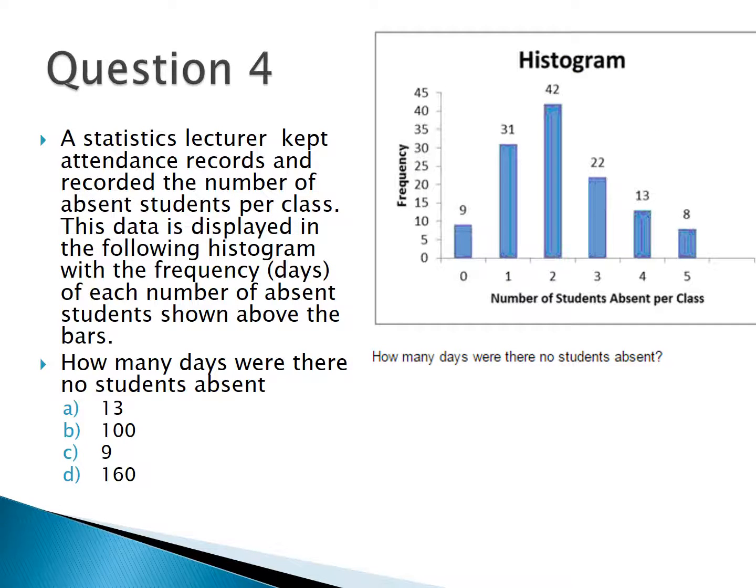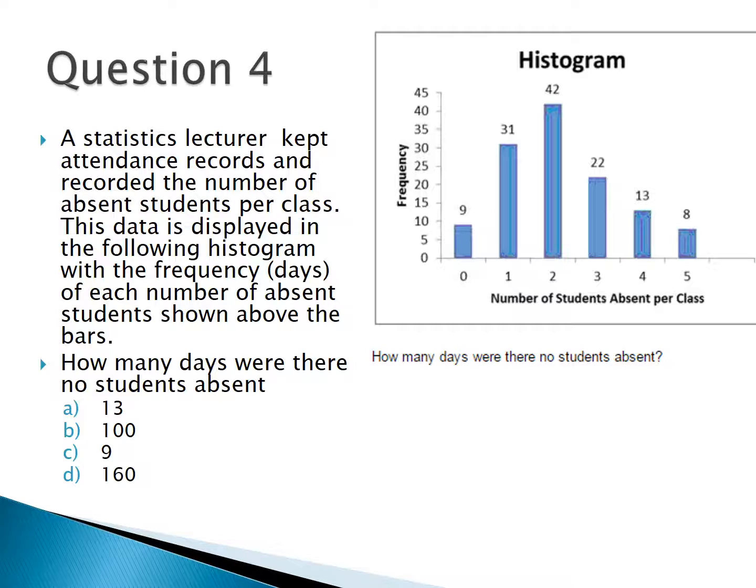Question 4. A statistics lecturer kept attendance records and recorded the number of absent students per class. This data is displayed in the following histogram with the frequency, here, days, of each number of absent students shown above the bars. The question is, how many days were there no students absent?